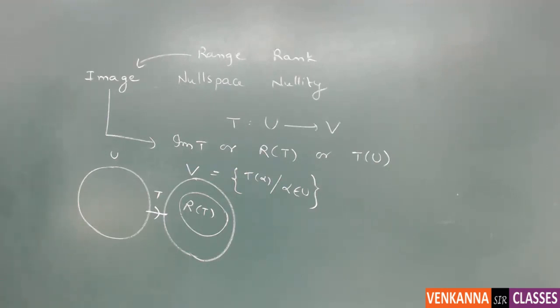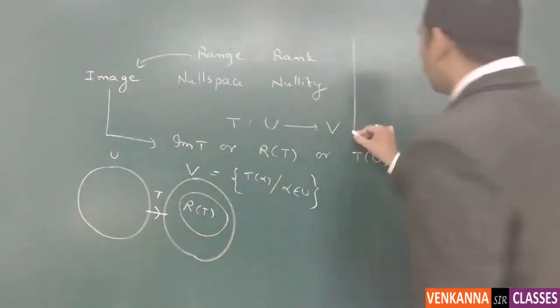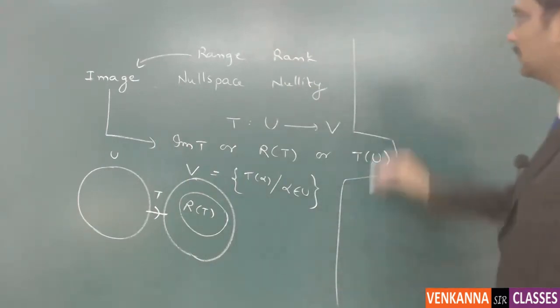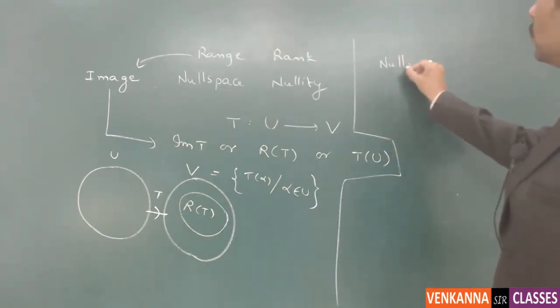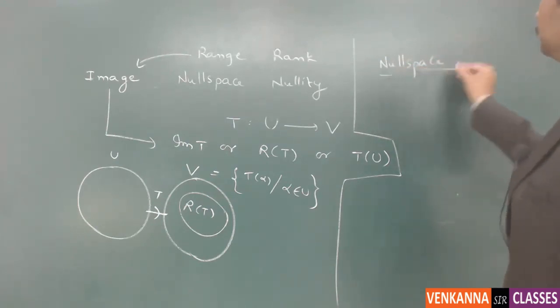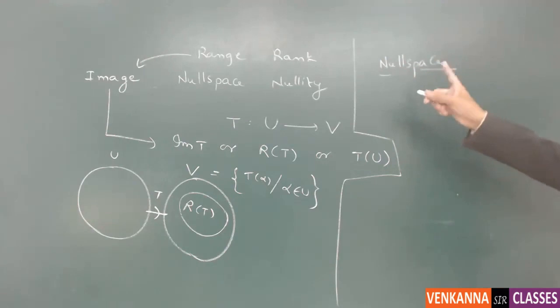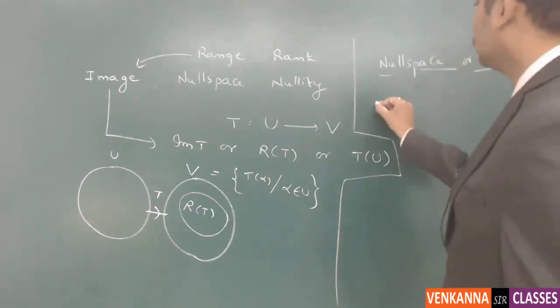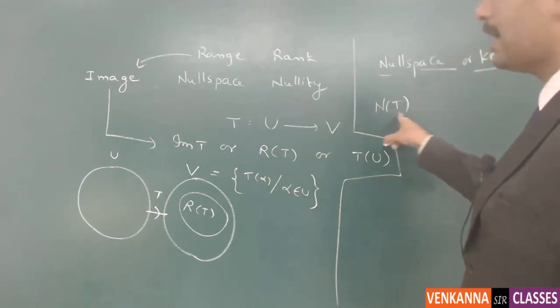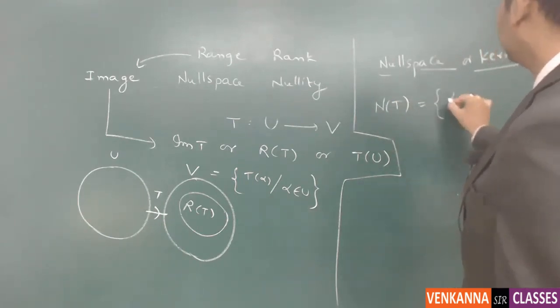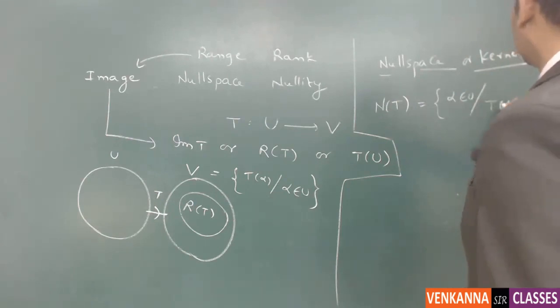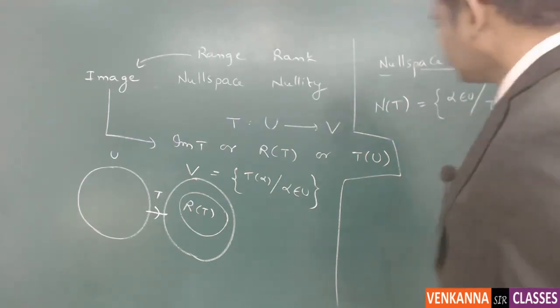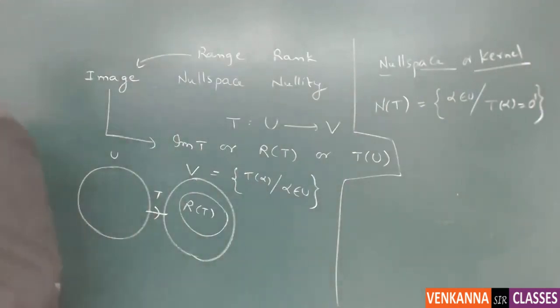Right. Now we go for the other definition, what is meant by null space. For null space we can have another name, denoted with the symbol N of T and defined as the set of all elements in the domain such that whose image is the zero element.